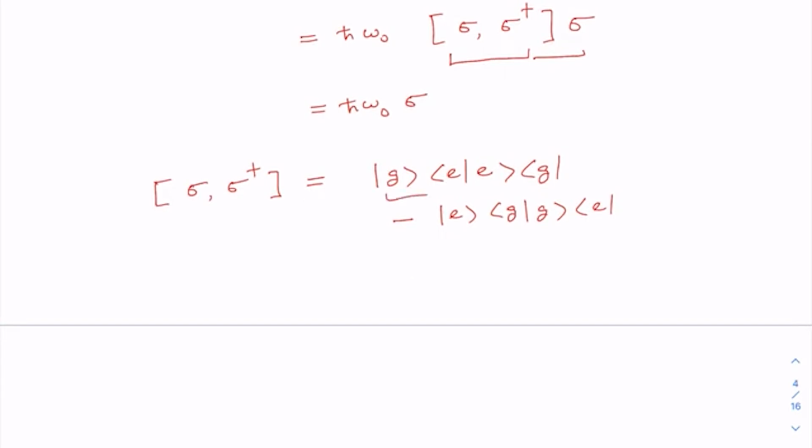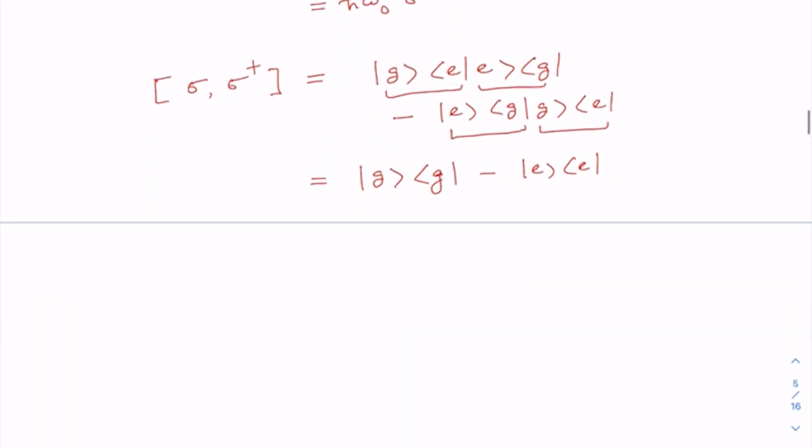This is your σ, and this is your σ†, and you can immediately see that this is going to give me this, minus |g⟩⟨e|, and then if I multiply this by σ, going from excited to lower, this is what you will have.